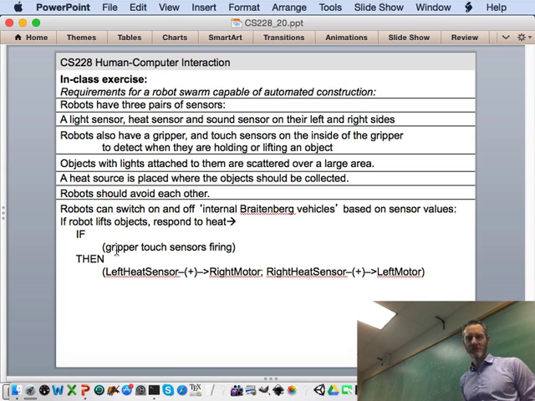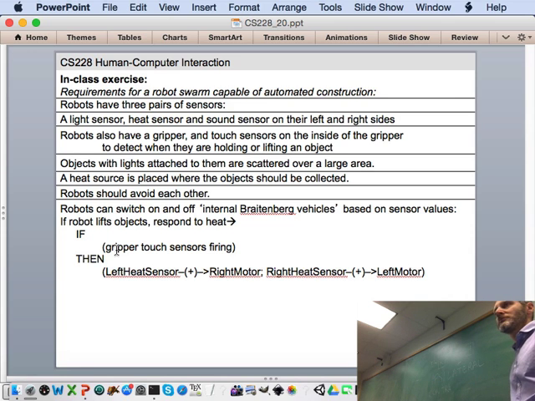So you need an else statement. It would seek out the source. That's true. So just have it stop. There's a light sensor. So if the sensors are firing, do this, else go toward the light. But once it's inside a certain range, if you're close to another machine, turn off, or move away.